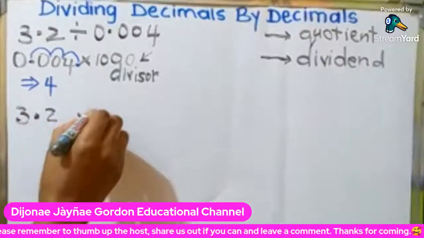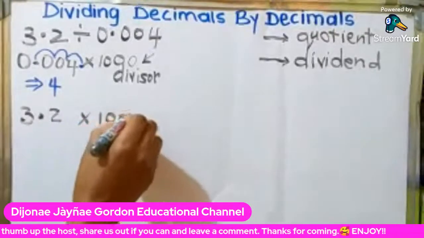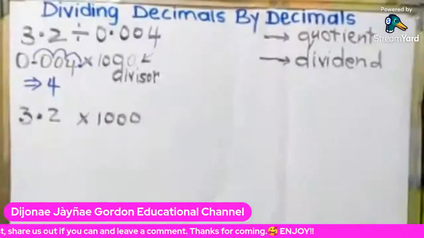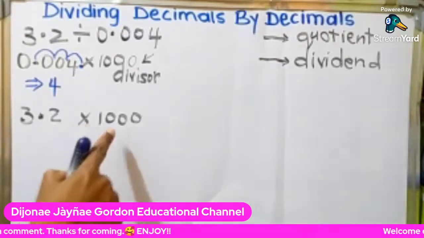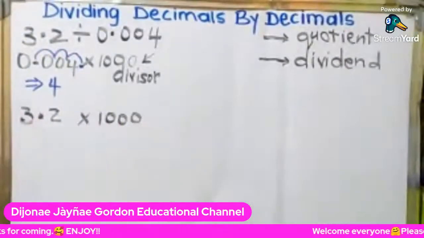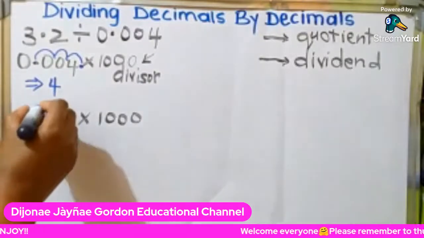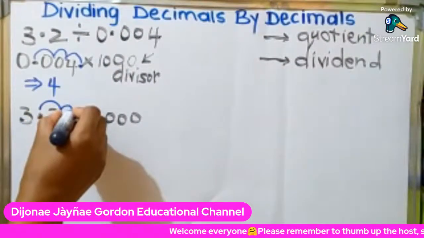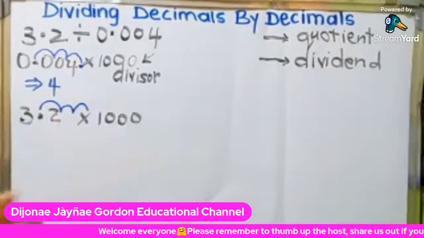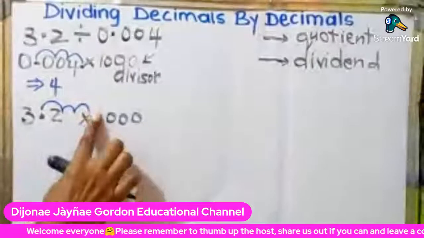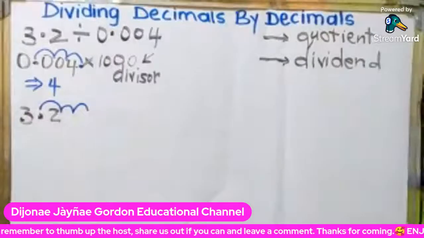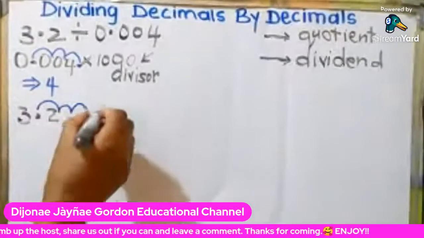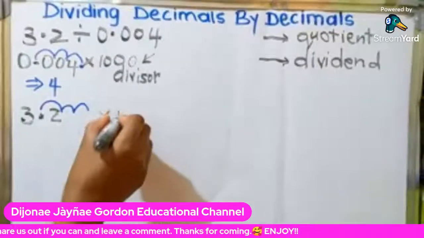All right, so look at me. 1,000. So remember now, you are going to move 3 places to your right. So this is 1 place, 2 places, 3 places. All right. So let me move this over a little so you can see exactly what I'm doing. So we move 3 places to our right.